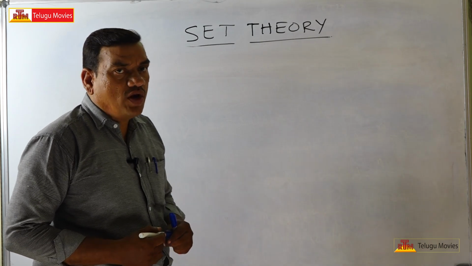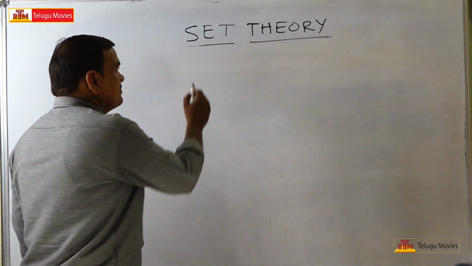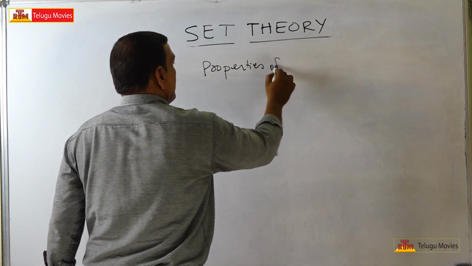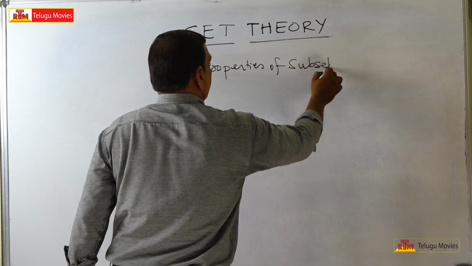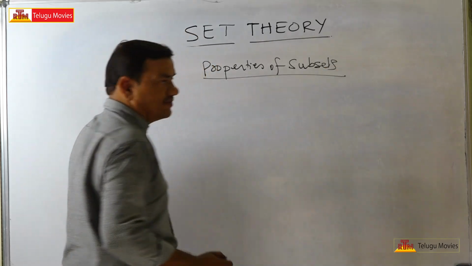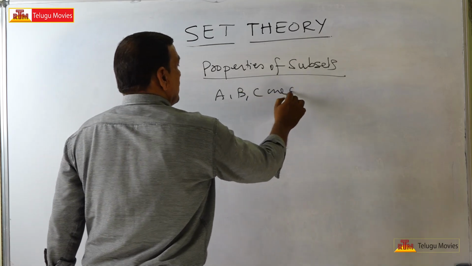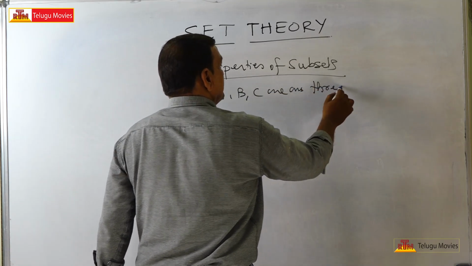So dear students, now we are going to see the properties of subsets. For example, if A, B, C are any 3 non-empty sets.